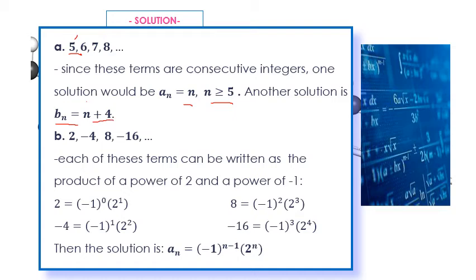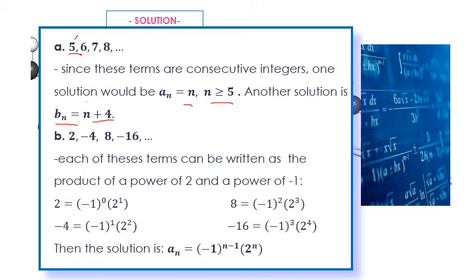For letter B, we have 2, negative 4, 8, and negative 16. So, medyo nabalaan ta na nga daw multiply lang siya. But, niara kita alternating nga negative sign. Each of these terms can be written as the product of the formula of 2 and the power of negative 1.